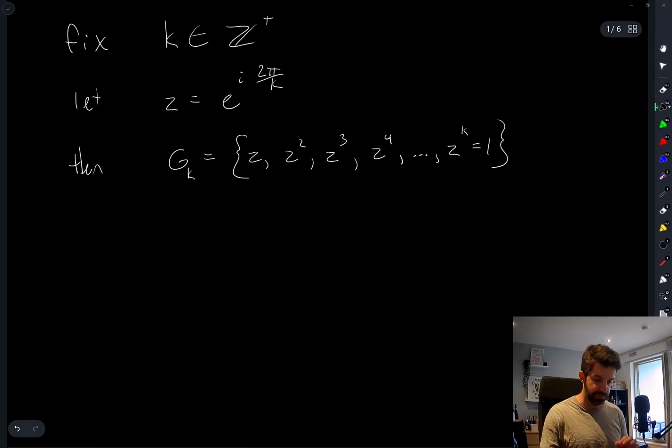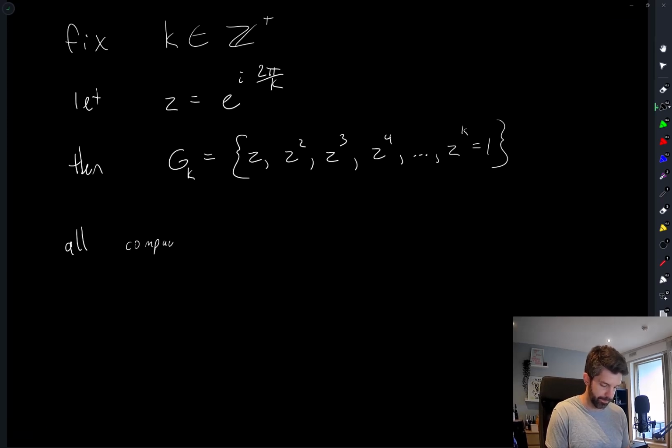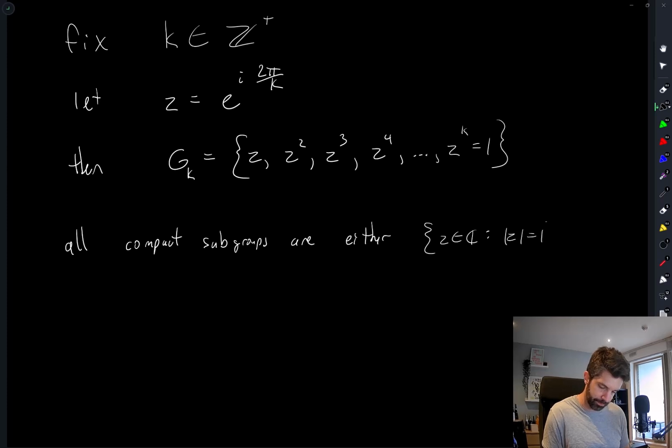And I believe all compact subgroups are either the set of any complex number with modulus 1, or g k for some positive integer k.